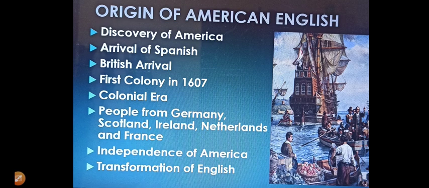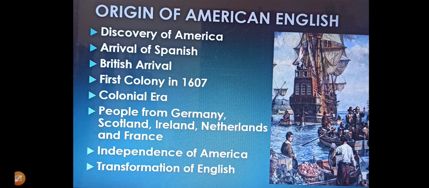Yes, the British went only where they could have two things mainly: enough raw material, or say natural resources, and a big market. People from Germany, Scotland, Ireland, Netherlands, and France reached in large numbers during the 18th century. Yes, my dear, mind the date, please.